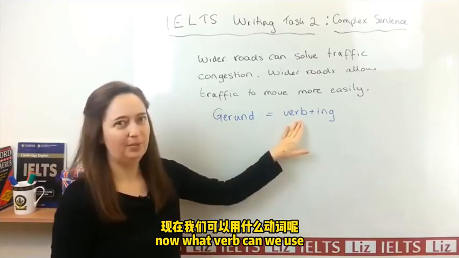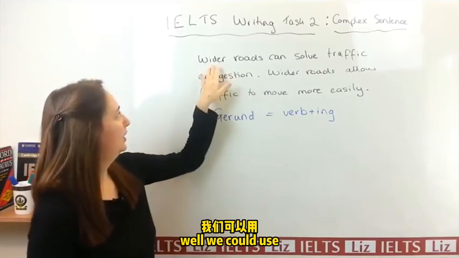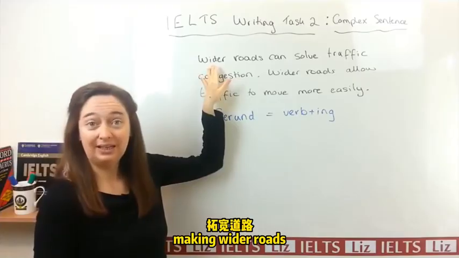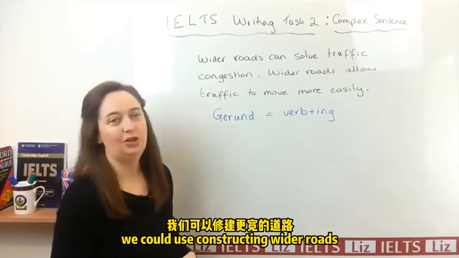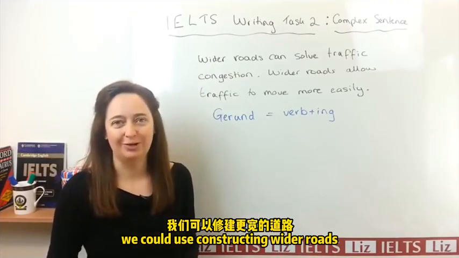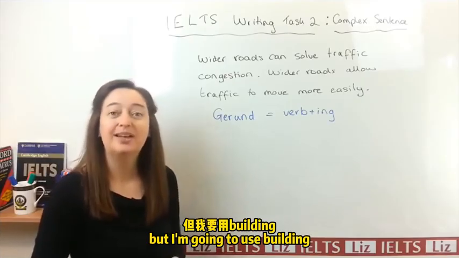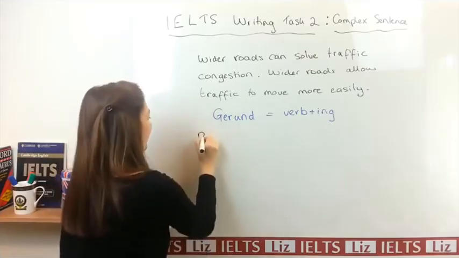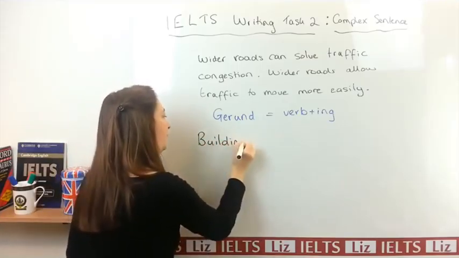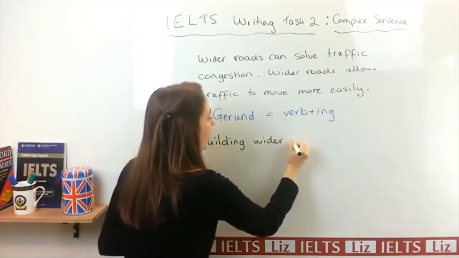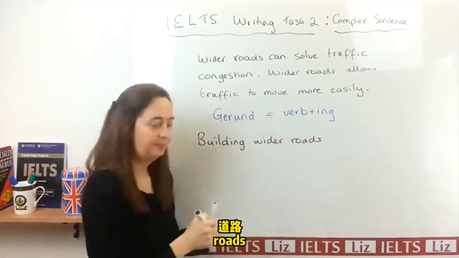Now, what verb can we use? Well, we could use make, making wider roads. We could use constructing wider roads. But I'm going to use building. Building wider roads.